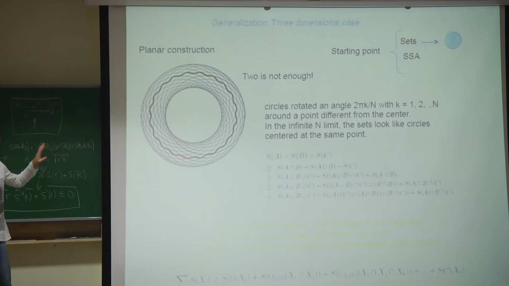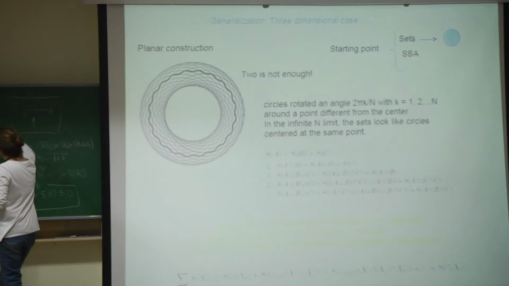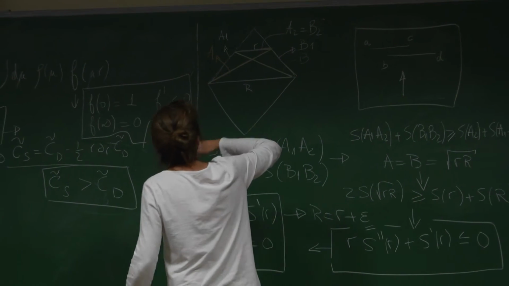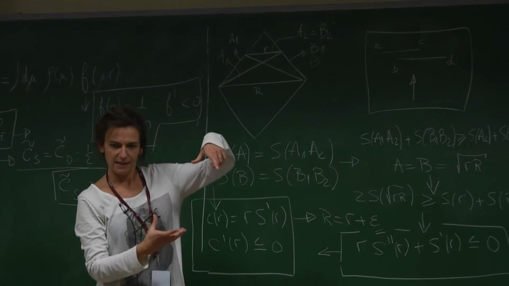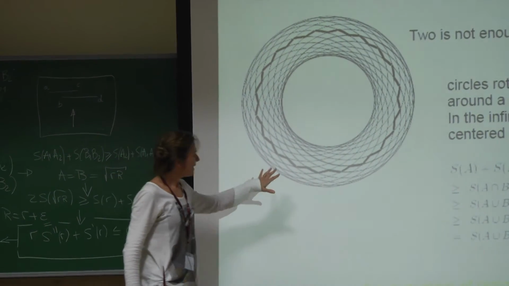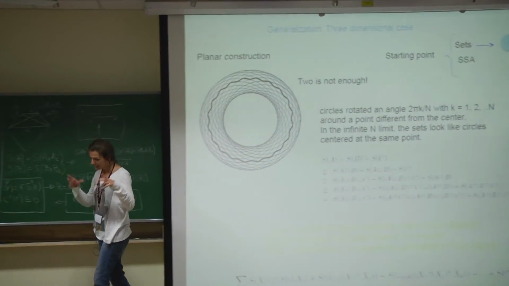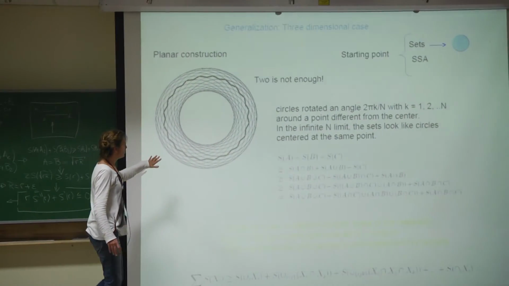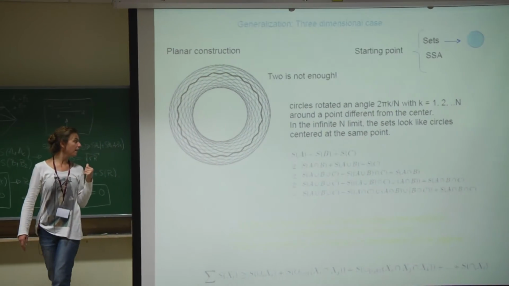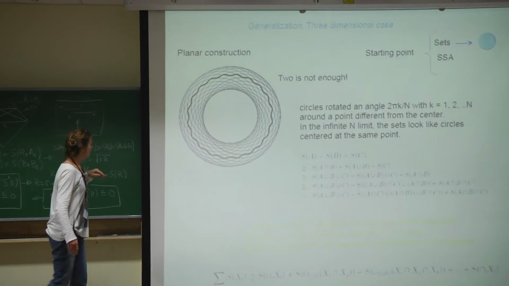But this is easier to see. I mean, at the end, you will need to boost the circles, but it's easier to see it in this planar construction. The idea is that if you take not 2, but many circles, and you rotate the circles by an angle, this is the angle 2 pi k over n, and you take n going to infinity, what you get is this.